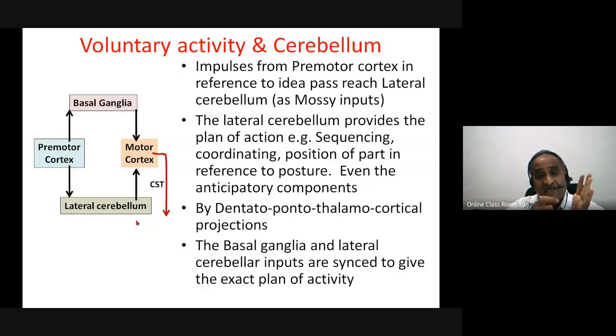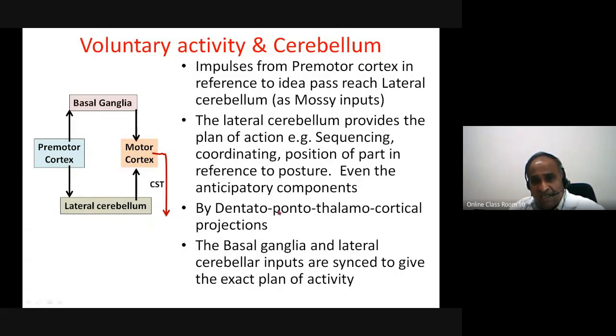In these ballistic motions there are anticipatory components, because corrective measures are not possible here. The anticipatory correction is already built in, which we develop, and that is developed in the lateral part of the cerebellum.